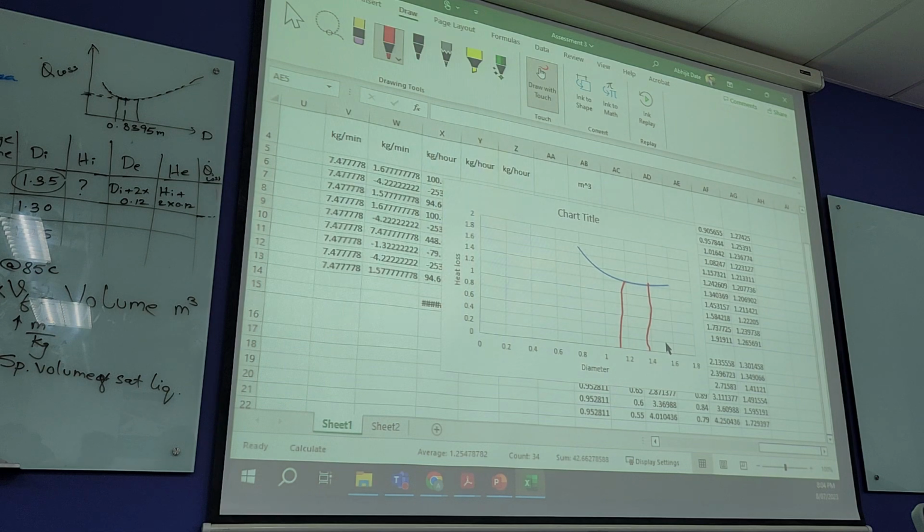Then you close bracket. You need to bracket the diameter divided by 2, then to the power of 2. Close bracket and enter.